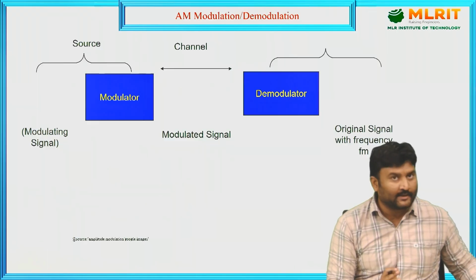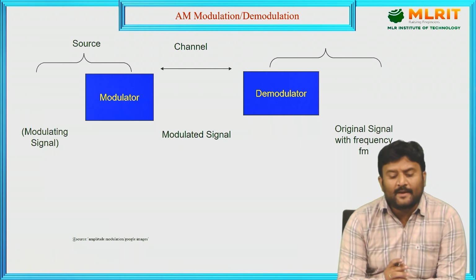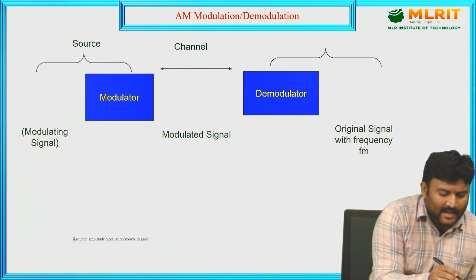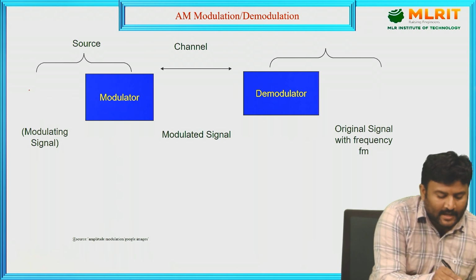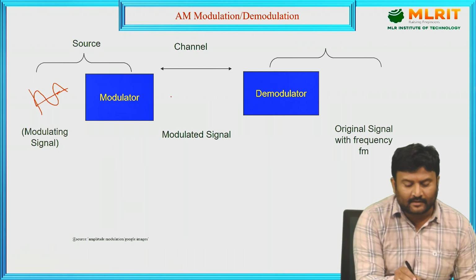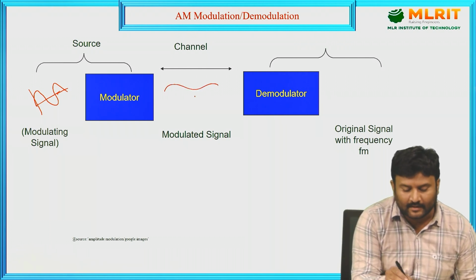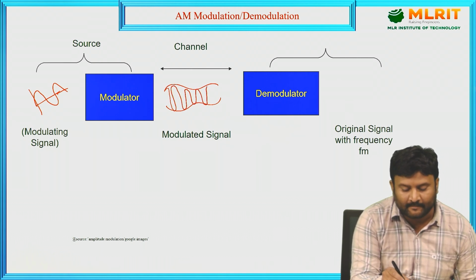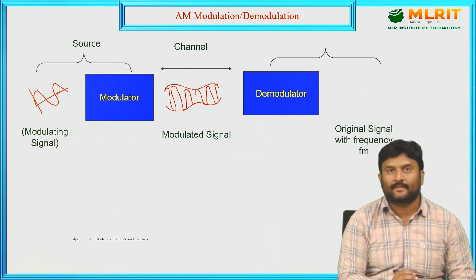Then observe here, first of all, AM modulation and demodulation. Before the modulator, I am taking the message signal. After the modulator, I get the carrier signal whose amplitude varies with the message signal amplitude.